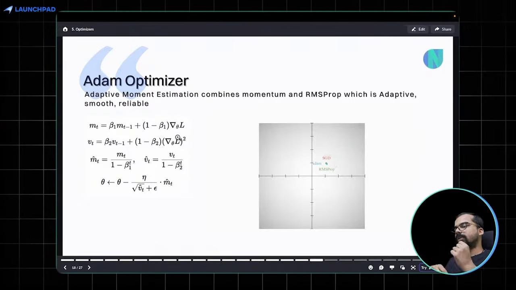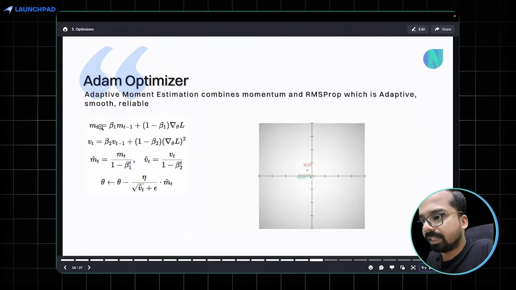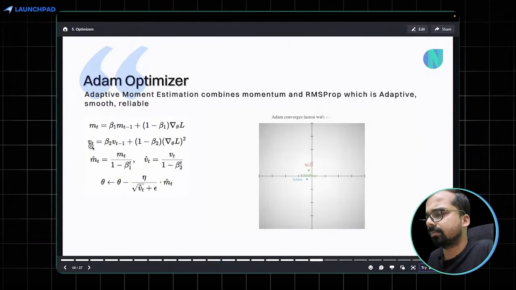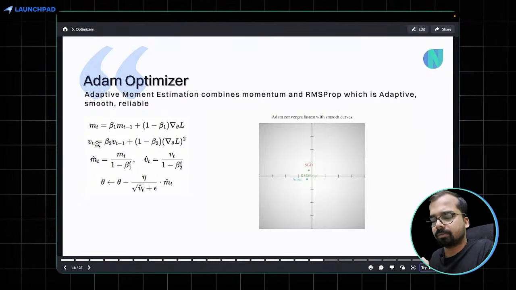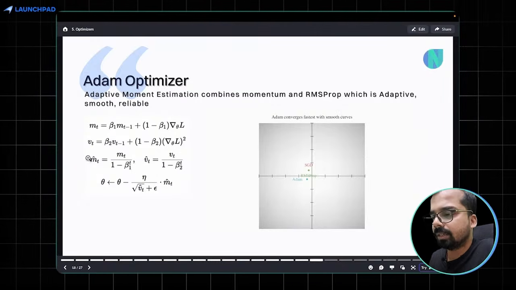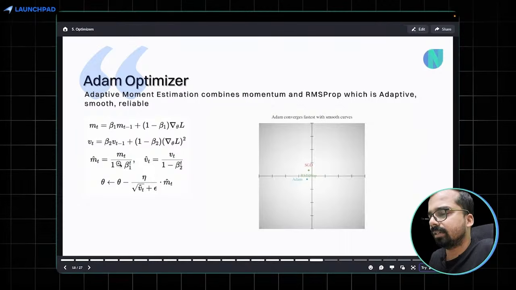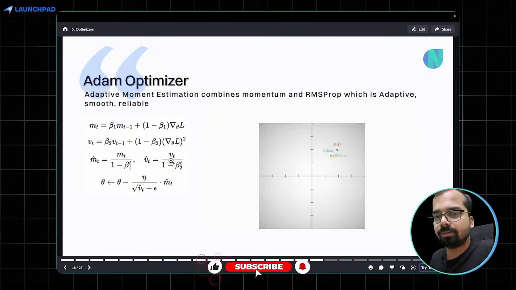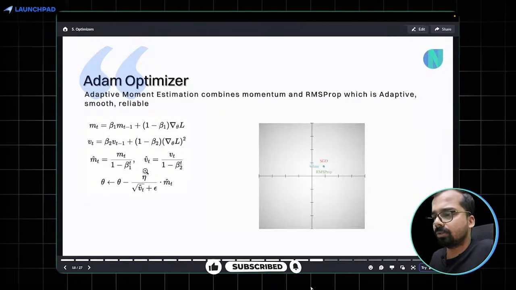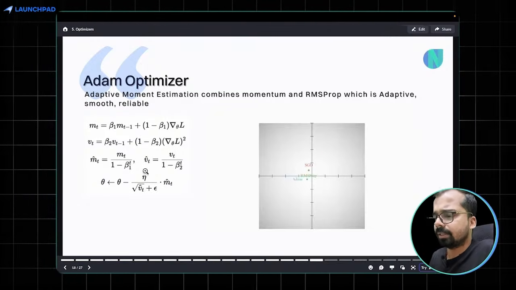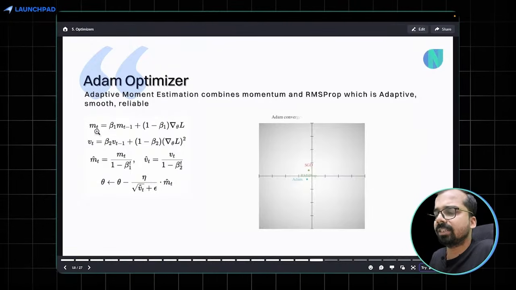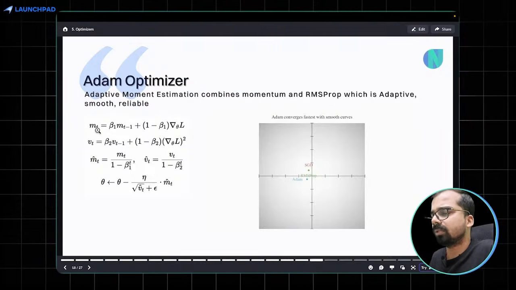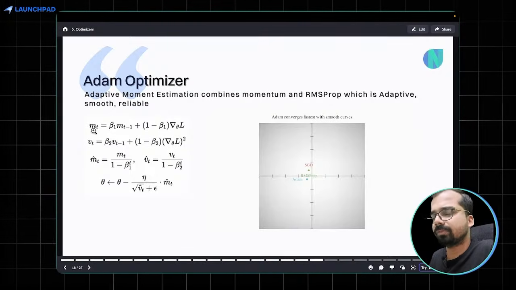Now, after calculating momentum and the parameter that will be used for adjusting the learning rate, VT, we have to adjust their values. This third step is known as bias correction. We'll not go into the depth of this, but the reason for bias correction is that initially we will not have any values for momentum and velocity VT, so they both will have values of 0.